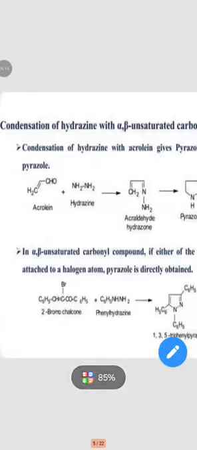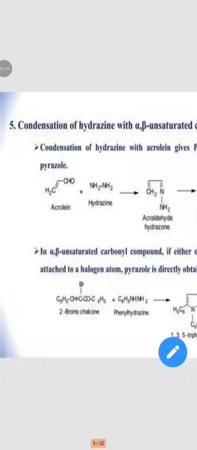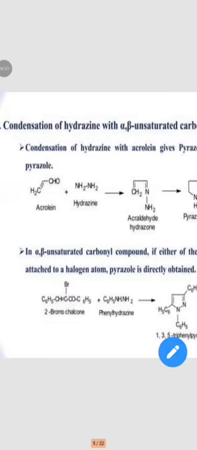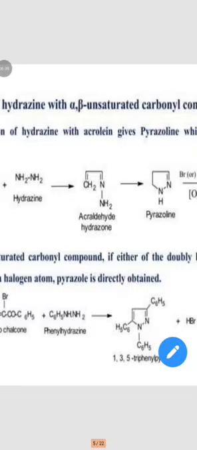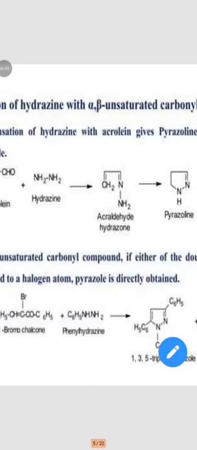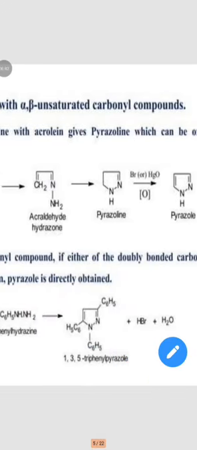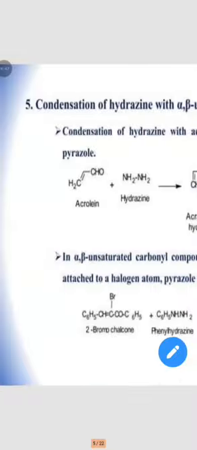Then the fifth method is condensation of hydrazine with an alpha beta unsaturated carbonyl compound. The condensation of hydrazine NH2 with acrolein, an alpha beta unsaturated carbonyl compound, gives pyrazoline, which can be oxidized to pyrazole.